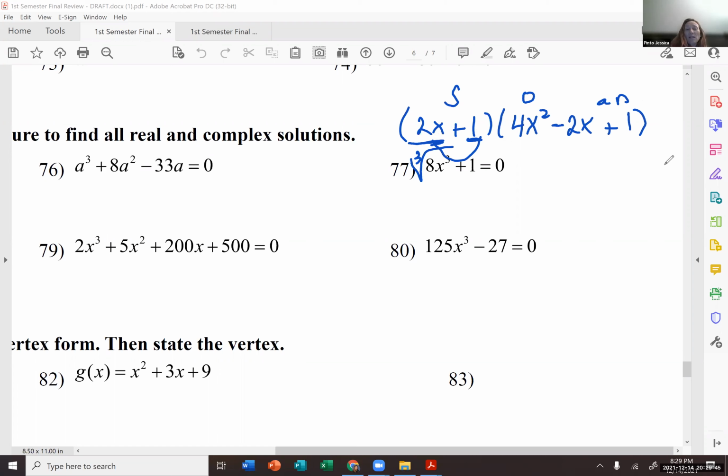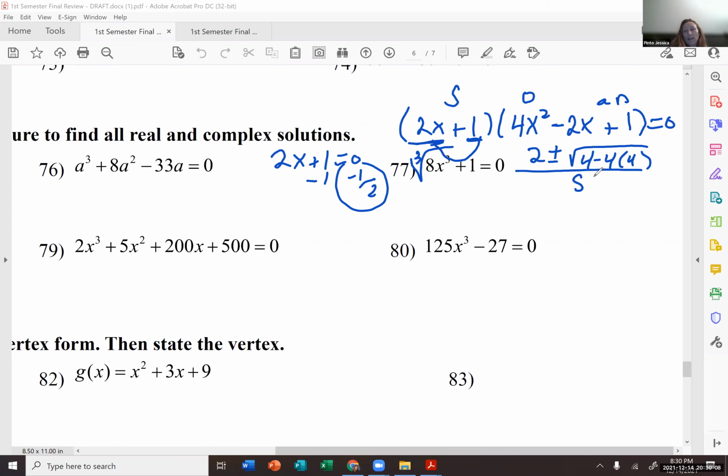Because I'm solving this, I now set each of these equal to 0. And the first one, 2x plus 1 equals 0, I minus 1. And then I divide by 2. That's my first answer. The other answer comes from the quadratic formula. 2 plus or minus the square root of 4 minus 4 times 4, all divided by 8, which is -12, which becomes -4 times 3.